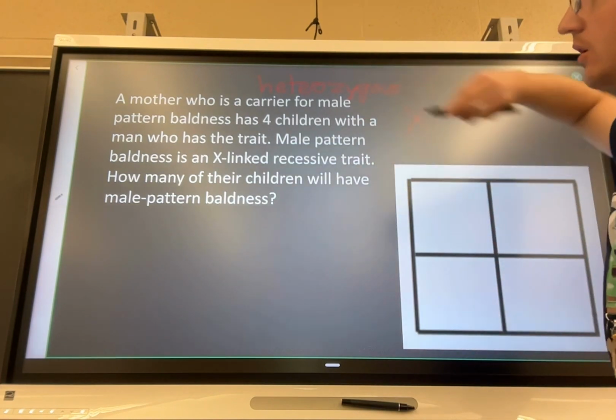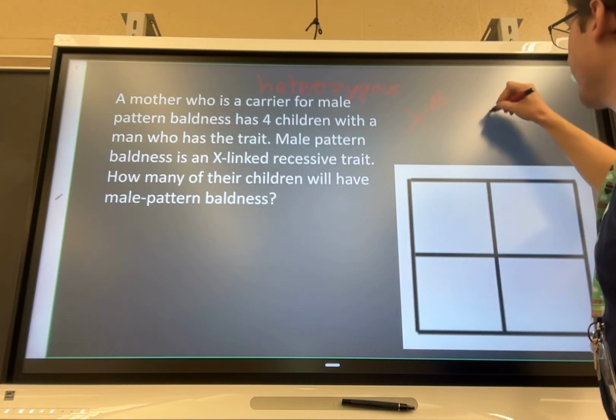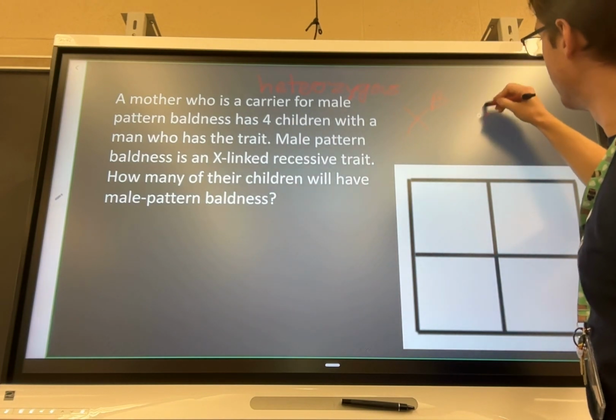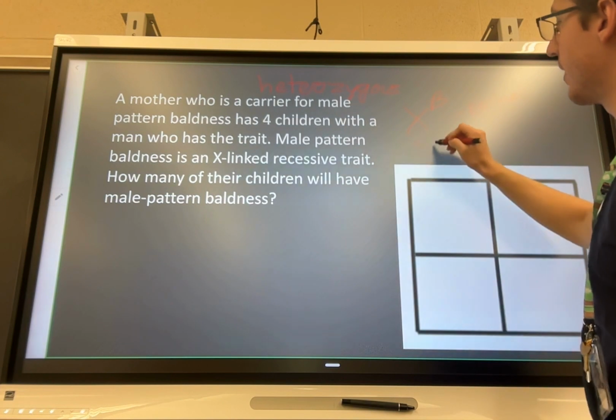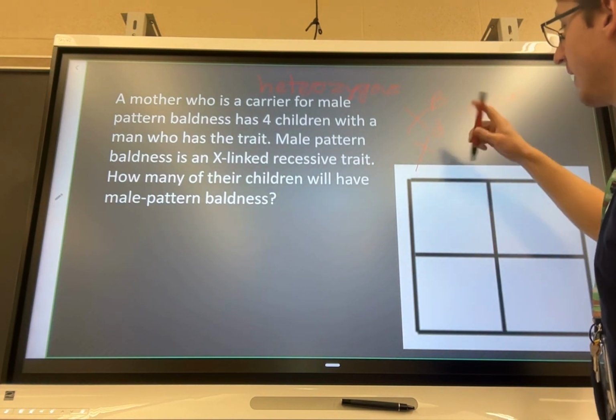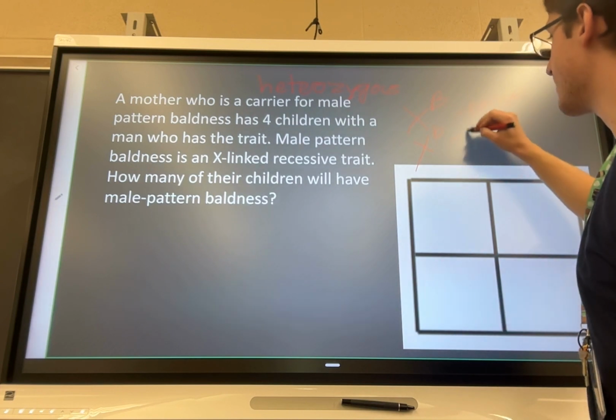And the male, if he has the trait, that means he has to be X little b. Let's say normal is big B, so X little b has the baldness trait.